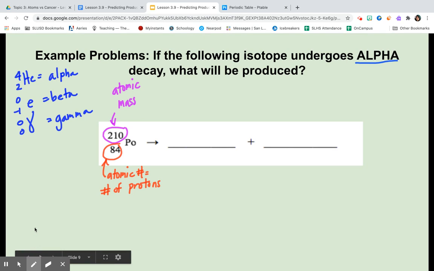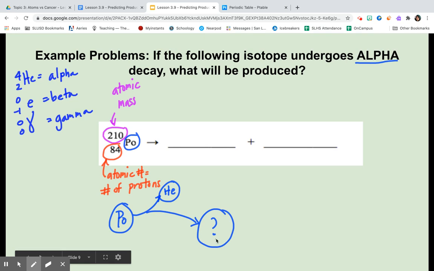Right, so once I know this, I know that, just like before, this thing called Po, which I'll circle in blue, is going to split off, and one of the things it shoots out is an alpha particle, and then whatever's left over is going to be my daughter isotope, right?